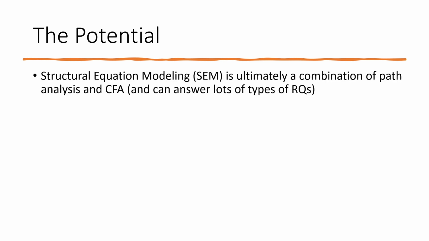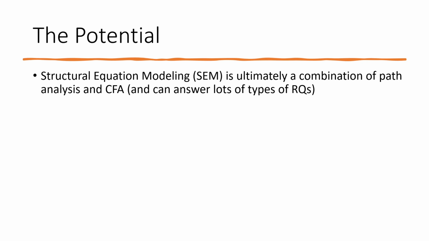All right, so let's jump into the meat of this lecture, and that is the potential of what we can do. Structural equation modeling, SEM, is a combination of path analysis, this kind of regression plus, and confirmatory factor analysis.